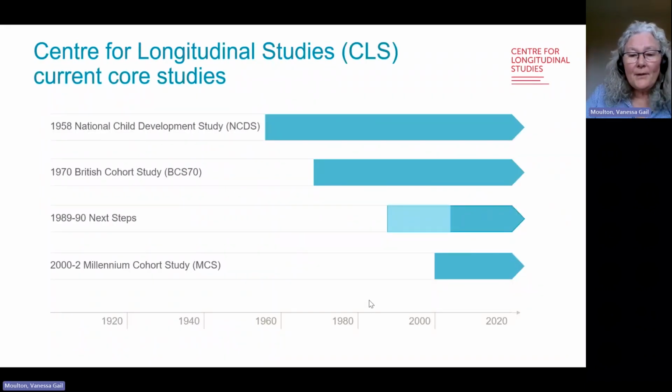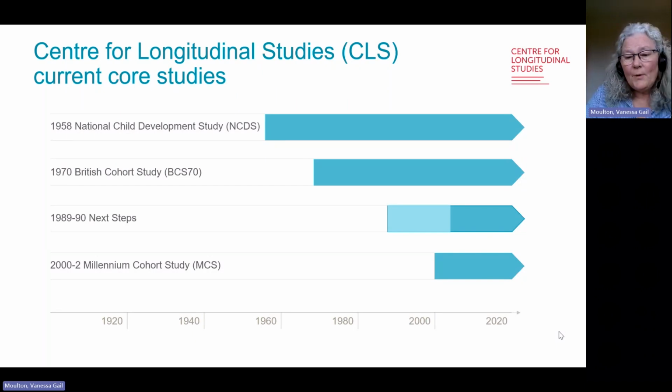So the UCL Centre for Longitudinal Studies, we manage a unique series of cohort studies, and the four cohort studies we're looking at today are the NCDS, the National Child Development Study, who were born in 1958 in Great Britain in the same week, and the initial sample for that cohort was 17,500. Next is the 1970 BCS, British Cohort Study, again born in the same week in Great Britain, around 17,000 participants.